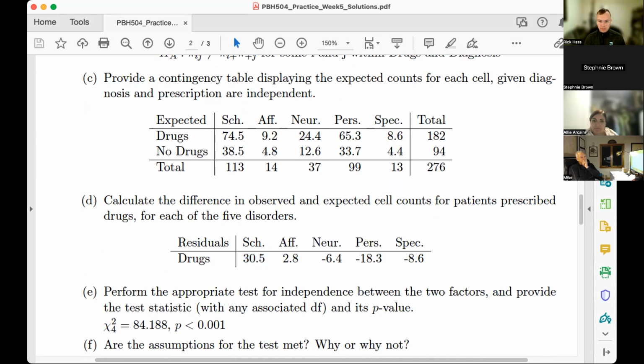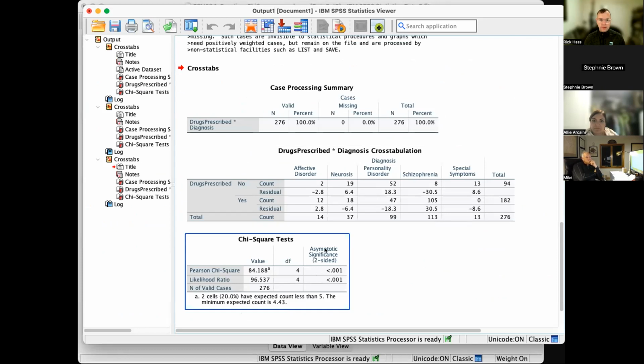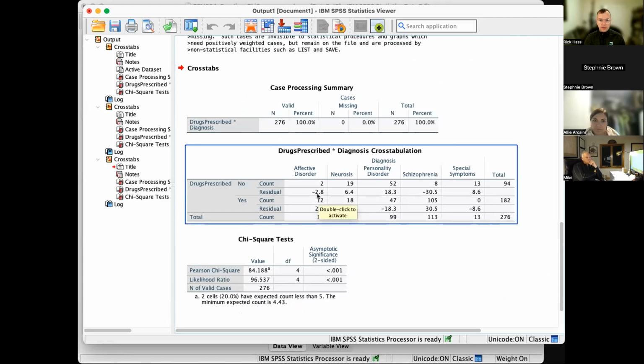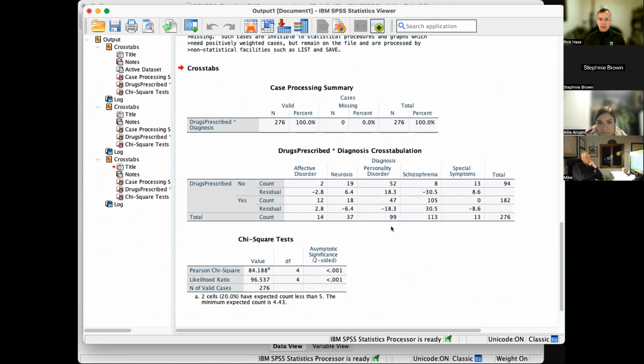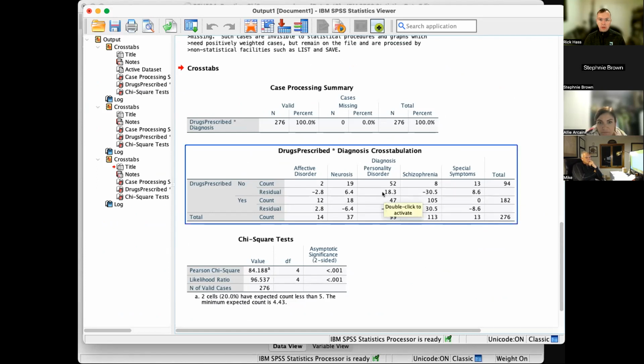It's better in SPSS. We can see it in the right direction here. So there were way fewer schizophrenics that were not prescribed drugs than would be expected. And there were way more folks with personality disorders that were not prescribed drugs than would be expected.